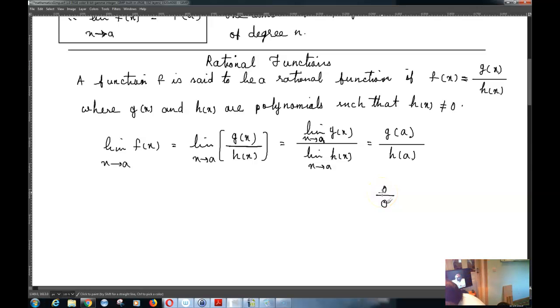So what that means is that the main thing the whole concept of limit does is that it resolves this issue of dividing 0 by 0, which ordinarily is not possible, but somehow limit makes it possible. Now, we said that the limit of f of x as x tends to a ultimately is equal to g of a by h of a.